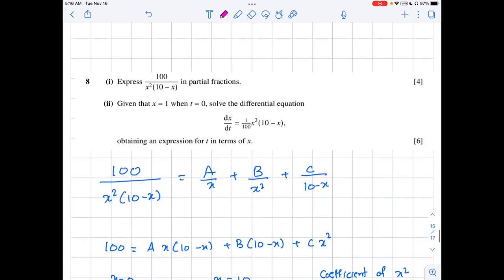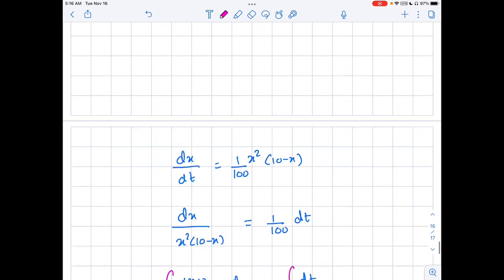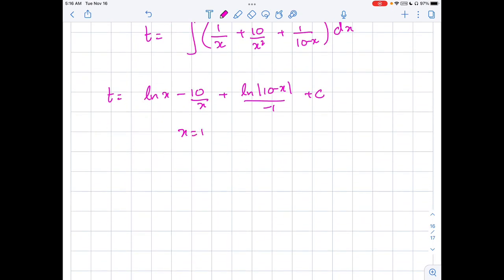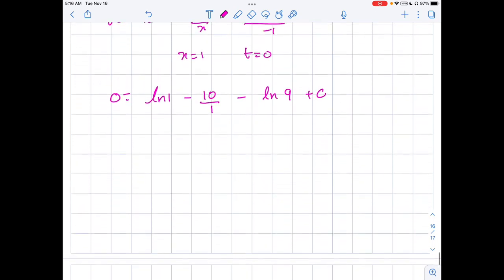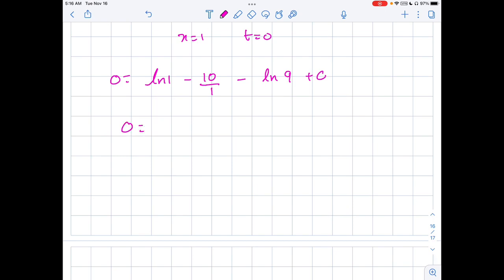But when x is equal to 1, t is equal to 0. So 0 is equal to ln 1 minus 10 upon 1 minus ln(10 minus 1), which is 9, plus c. So I get 0 is equal to ln 1, which is 0, minus 10 minus ln 9 plus c.